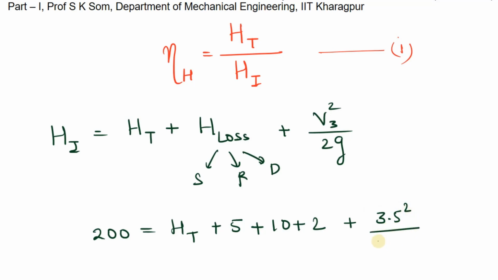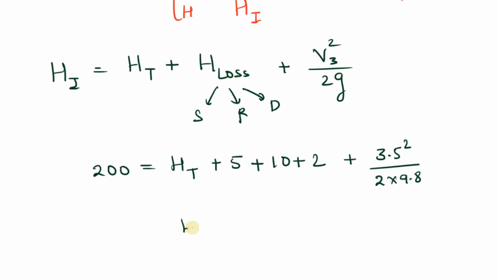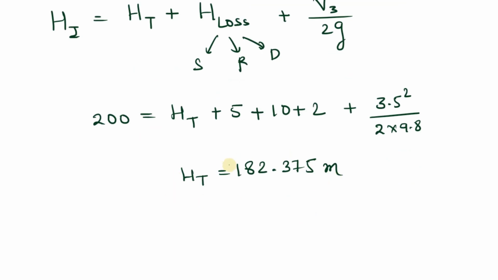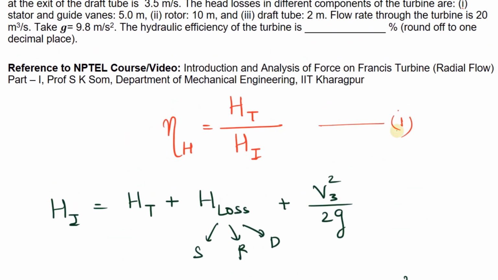So square divided by 2 times the acceleration due to gravity, that is 9.8. We have to consider this. So from here we'll get the value of HT as 182.375 meter.